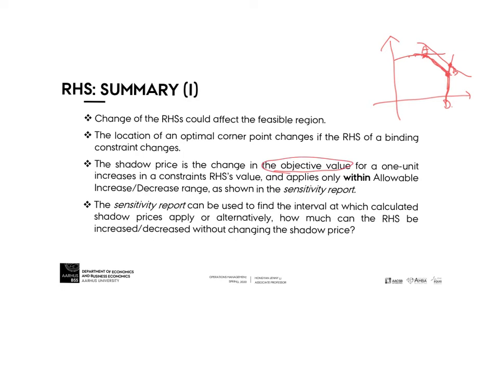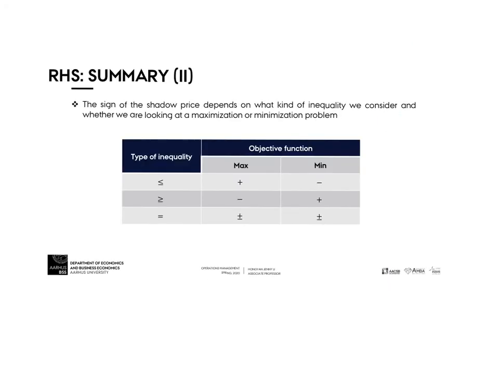The sensitivity report can be used to find the interval at which the calculated shadow price applies, or alternatively, how much the right-hand side can be increased or decreased without changing the shadow price. Furthermore, the sign of the shadow price depends on what kind of LP model you have.